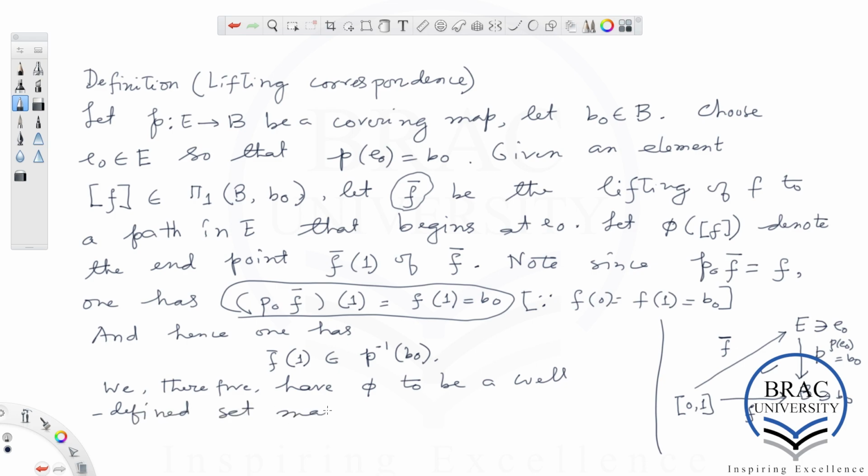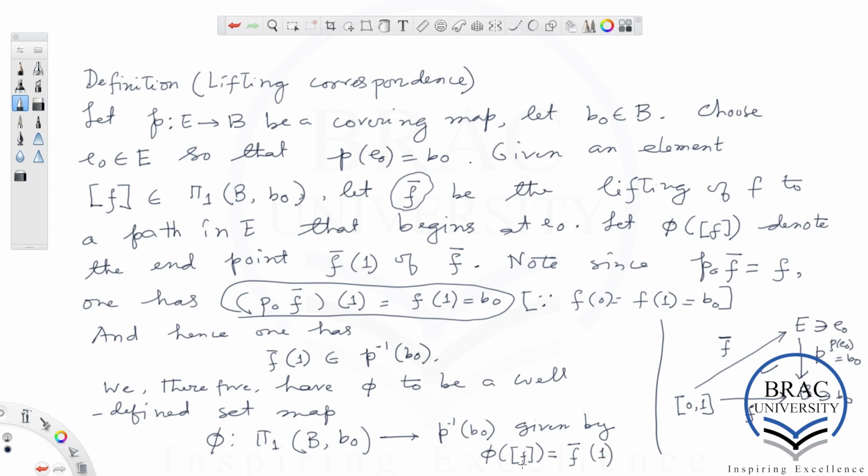Phi from the fundamental group of B with reference to the distinguished point B0 to the inverse image of B0 under P given by phi of the class of F is equal to F bar of 1.